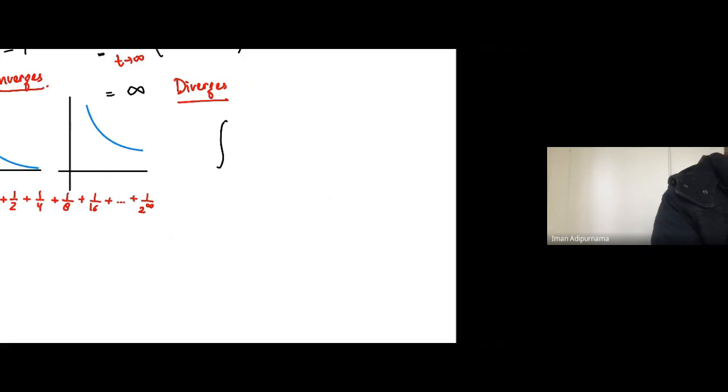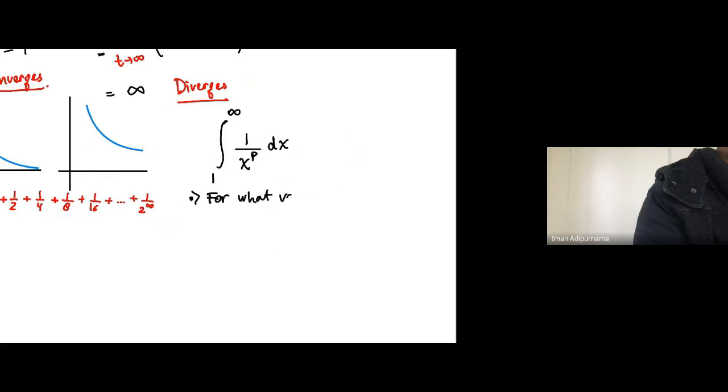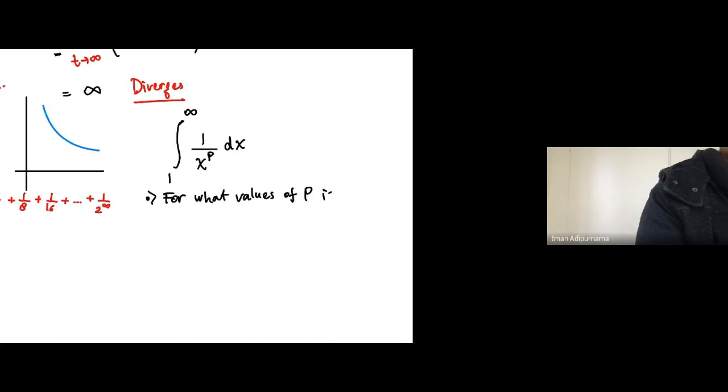If we have the integral from 1 to infinity of 1 over x to the power of p, let me write the question: for what values of p does the integral become convergent?